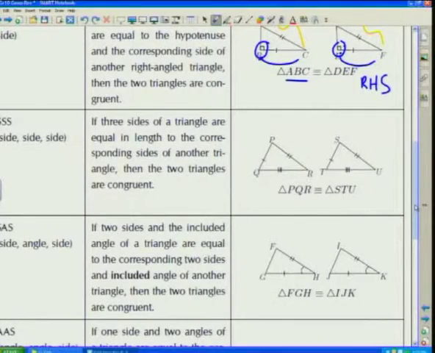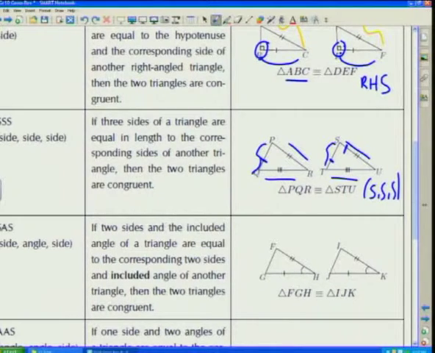All right, the next reason for congruency, side, side, side. This one is really, really easy. We just have that each of the corresponding sides are equal to each other, and if the corresponding sides are equal to each other, then we say the triangles are congruent because of side, side, side. All right, remember I said corresponding sides. So if you look at this diagram, you see I've got one little line here on PQ, and then I've got that same little line on ST. If, however, that single line to show that the sides were equal was not on ST and say it was on side SU, that would not be corresponding sides.